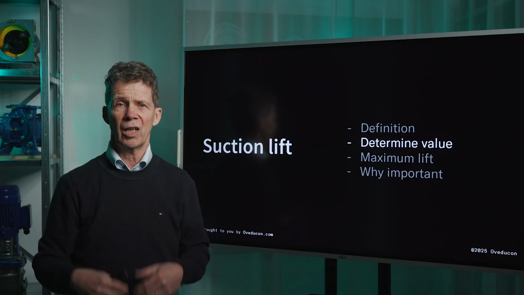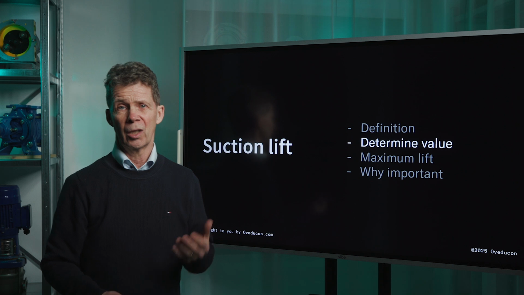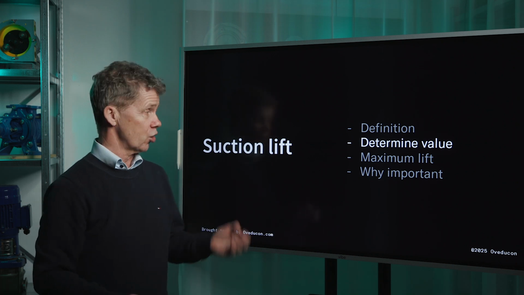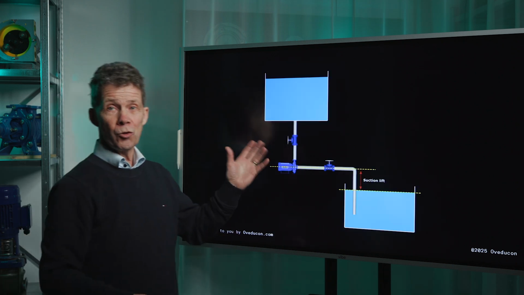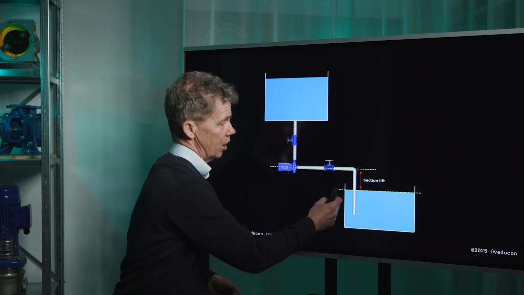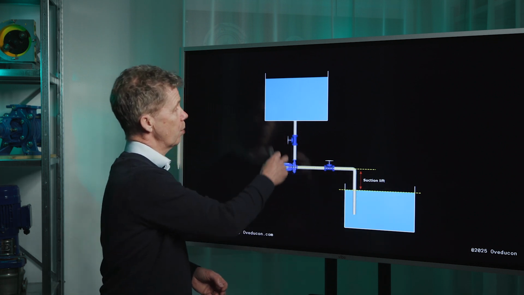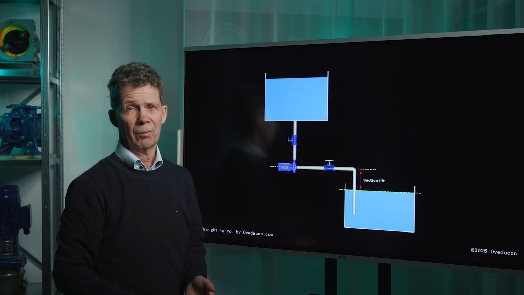But how do we determine the value of the suction lift? There are different possibilities. The first one is making a sketch. Here you see a sketch with a suction tank, your suction line, your pump and your discharge tank.